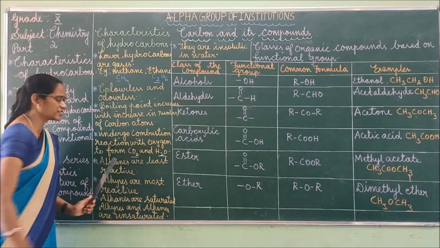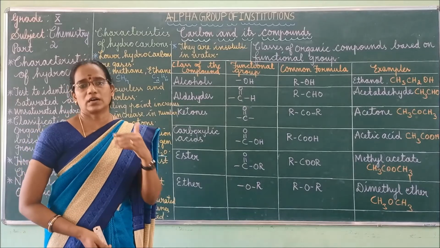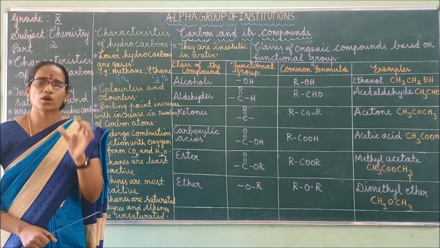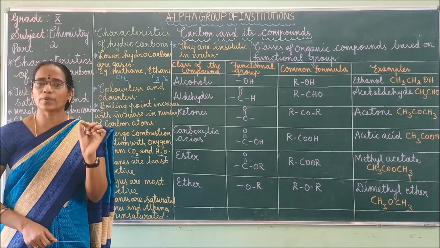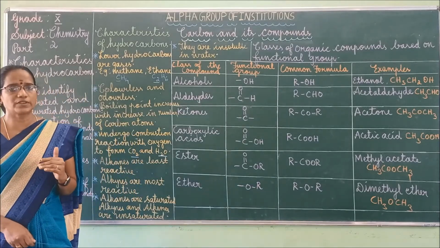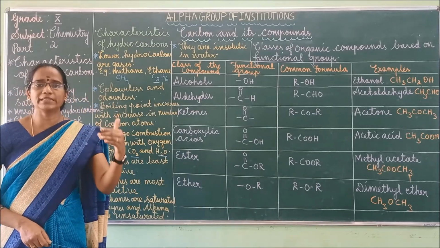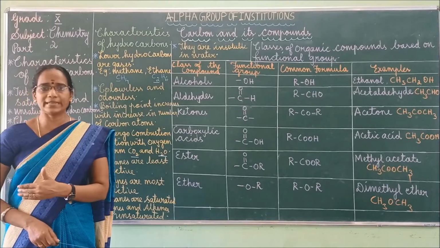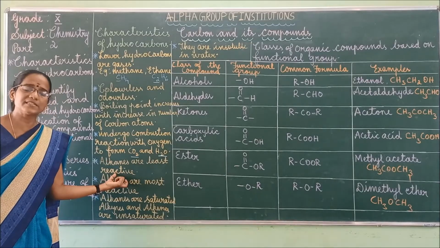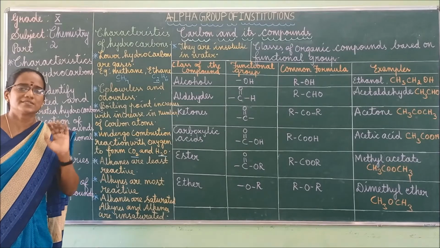Right. Next one, alkanes are least reactive. What is the reason behind this? Why are alkanes least reactive? Already in the previous video we saw that alkanes are saturated hydrocarbons, with carbon atoms connected by a single bond.